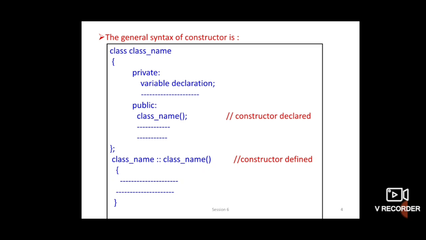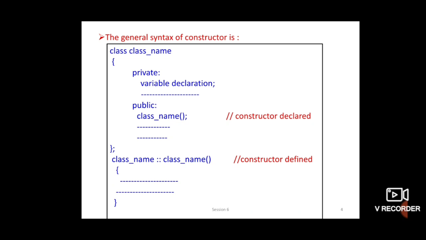In this syntax, just here we declare the constructor. Now how to define? Outside the class, you know the syntax to write a member function outside the class: return data type, class name, scope resolution operator, member function name, then in brackets the argument list, open and close bracket.